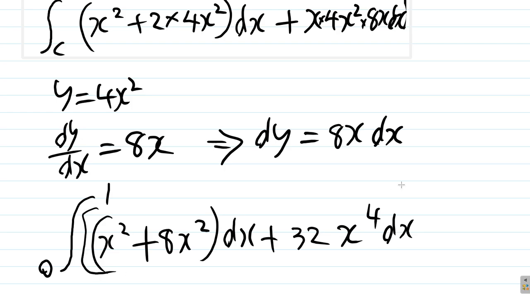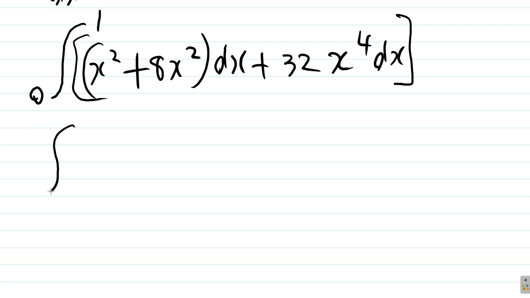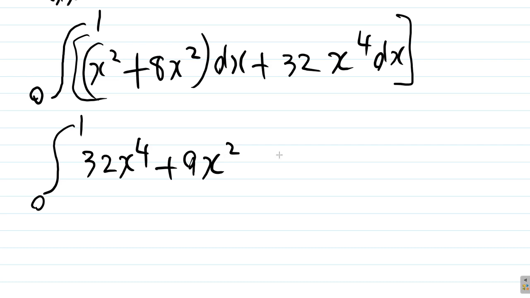Right? So we integrate all of this. You have the integral from 0 to 1 of, putting everything together, what would this be now? This would be 32x to the 4th. Well, we have an 8x squared plus a 1x squared, so we have plus 9x squared. Right, that's it, dx.